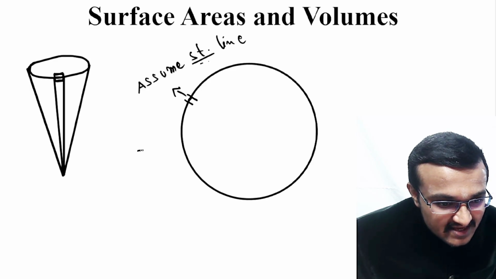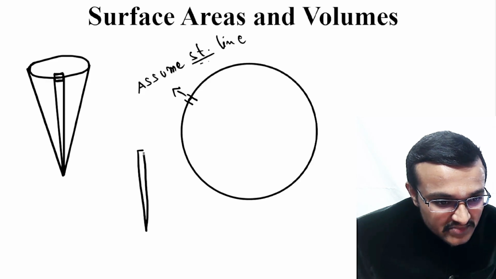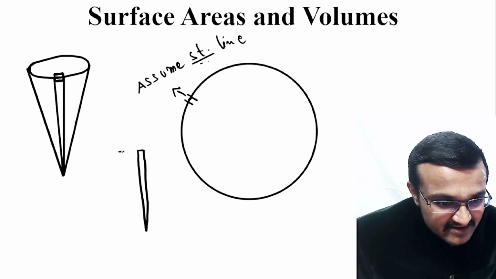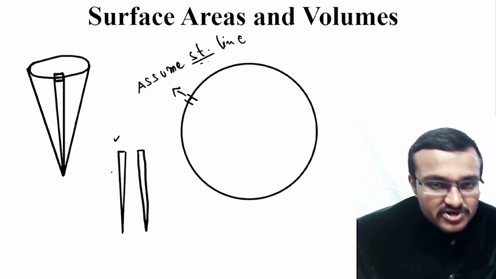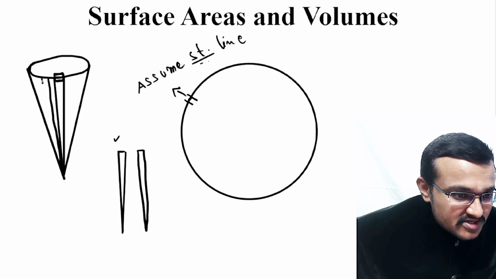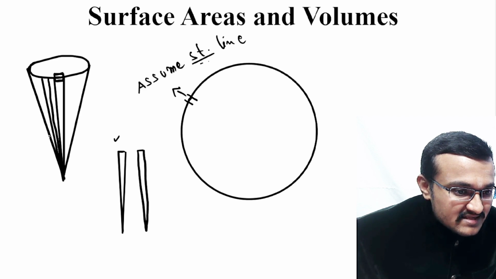So here you can see a small triangle getting formed. Similarly, if I consider another similar portion, we have one more triangle. Like this, I can go on forming small triangles.